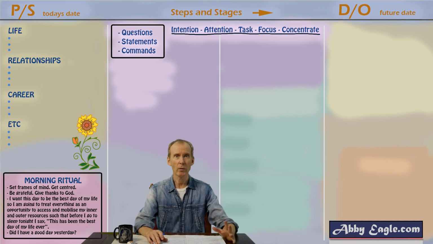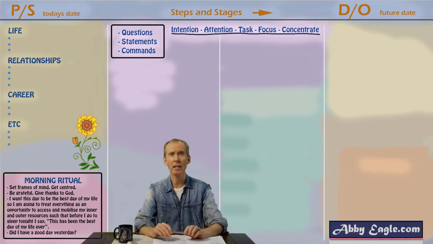So you set frames of mind for the day, get yourself centered, and then give gratitude and thanks to God, just for being alive. And then I say something to the effect, I want this day to be the best day of my life. So I'm going to treat everything as an opportunity to access and mobilize my inner and outer resources such that before I go to sleep tonight, I say to myself, this has been the best day of my life ever.